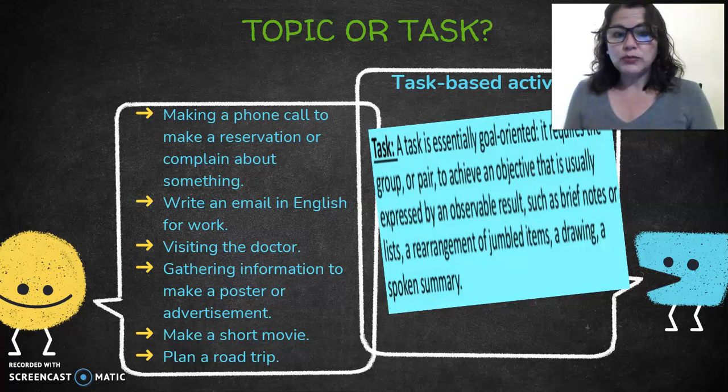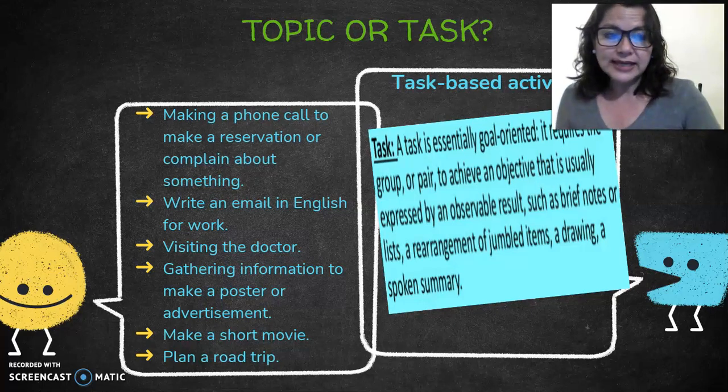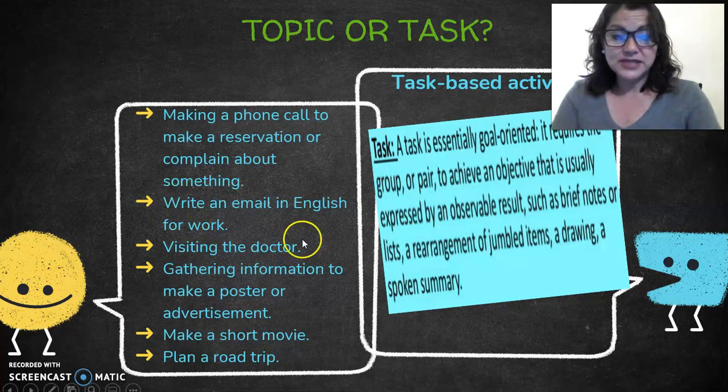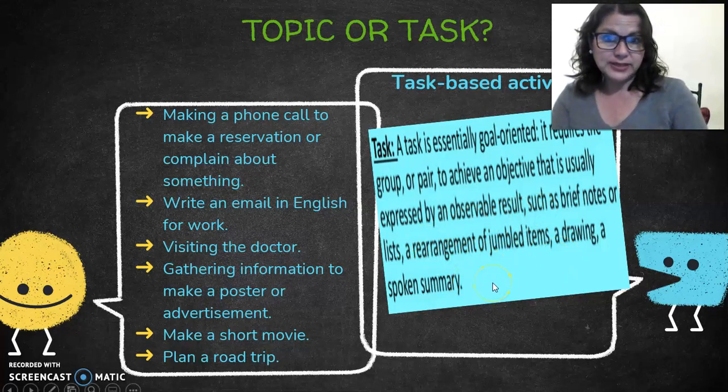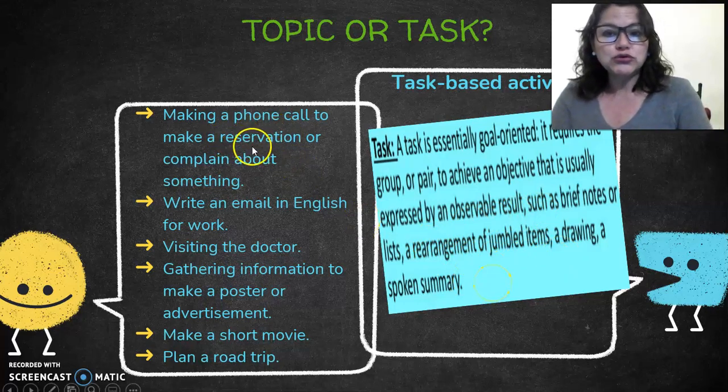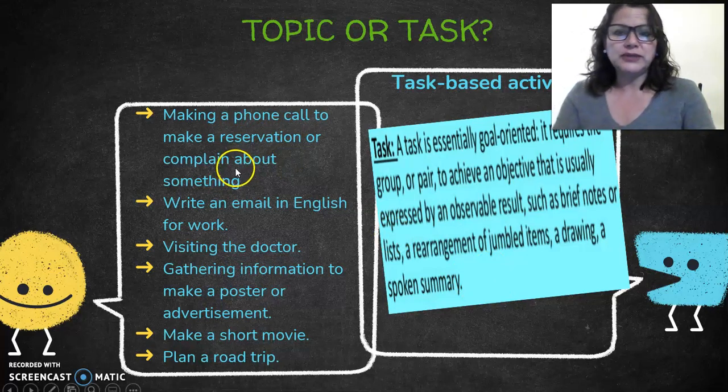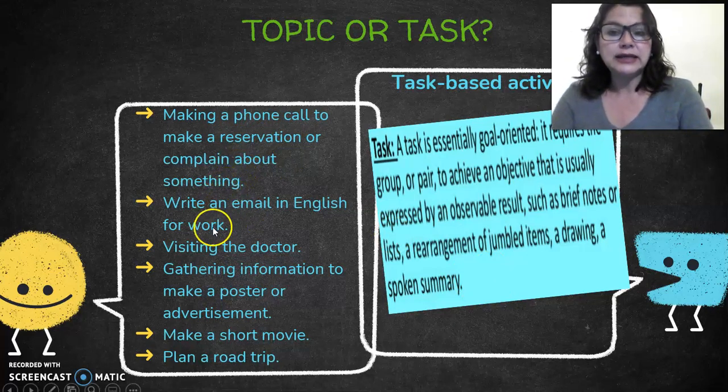It requires the group or peer to achieve an objective, and that is usually expressed by an observable result, such as brief notes or lists, rearrangement of jumbled items, a drawing, a spoken summary, for example, or making a phone call to make a reservation or complain about something, write an email in English for work, visiting the doctor, gather information to make a poster or advertisement, make a short movie, or plan a road trip.